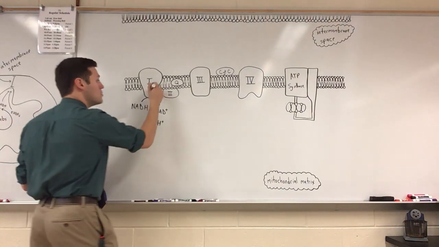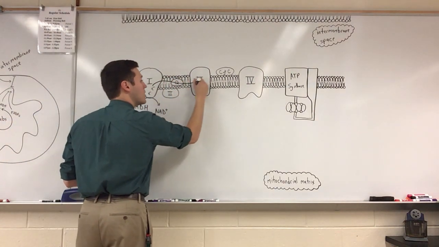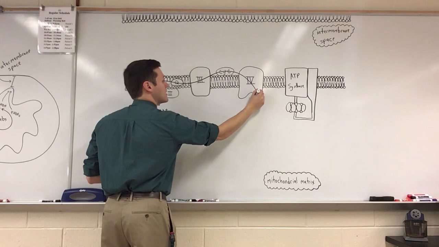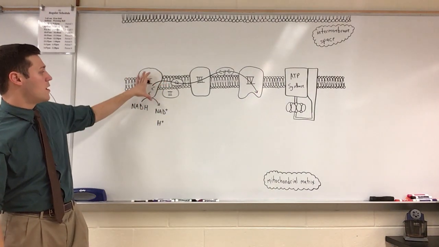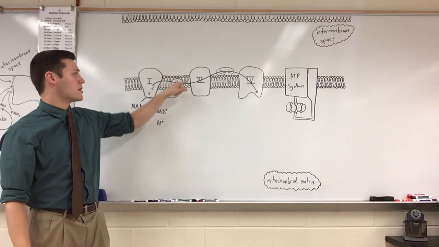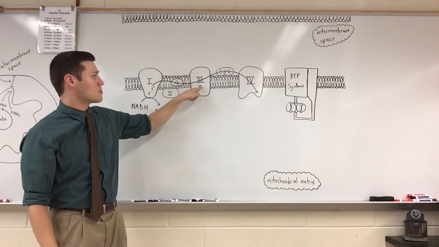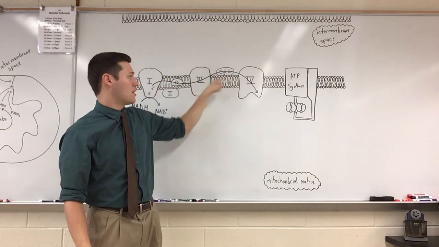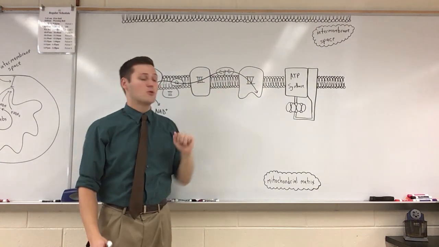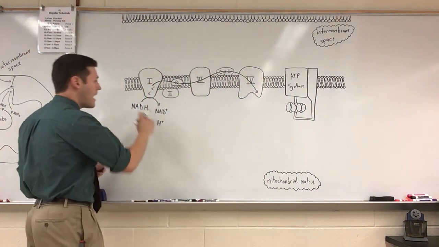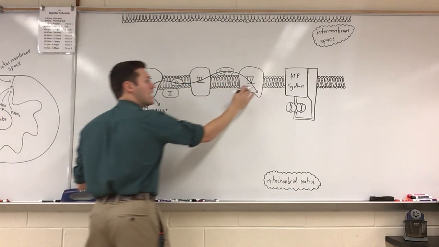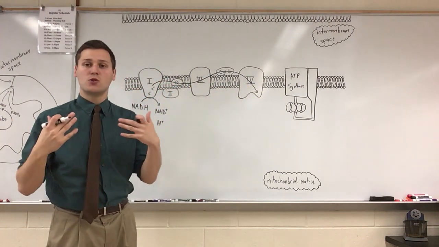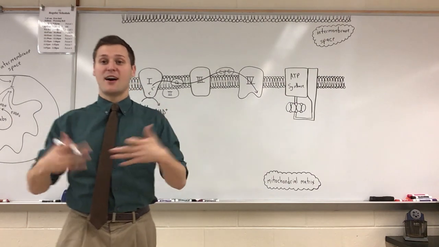So they will just move their way through the electron transport chain, all the way through complex 1, through mobile electron carrier Q, through complex 3, cytochrome C, another mobile electron carrier, through complex 4. Now, as they do this, through complexes 1, 3, and 4, they are all going to serve as hydrogen ion pumps.